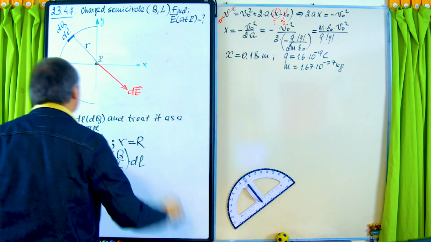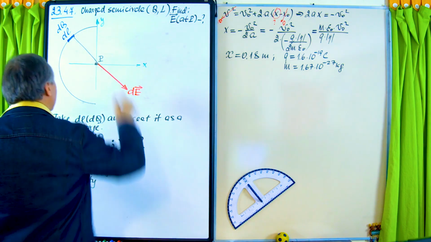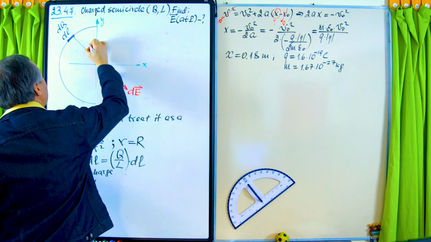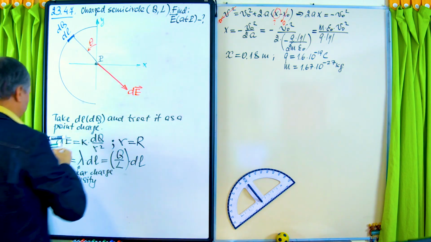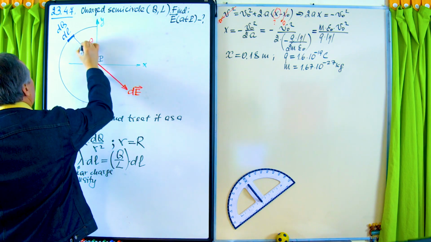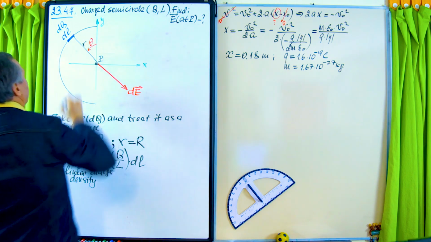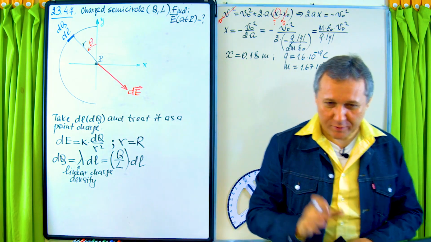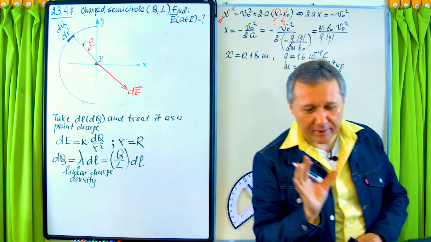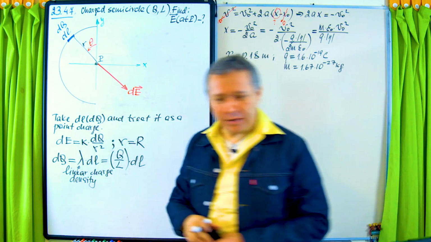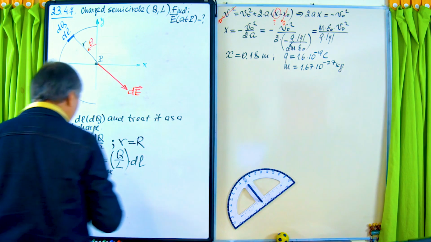You know what, let me remove this R. First, let me show this angle. Let's introduce this angle theta. And now let me bring back that R. Let's introduce that angle theta. Because again, in a few minutes you will see why I'm jumping ahead and saying, let's at this point switch the variable of integration.